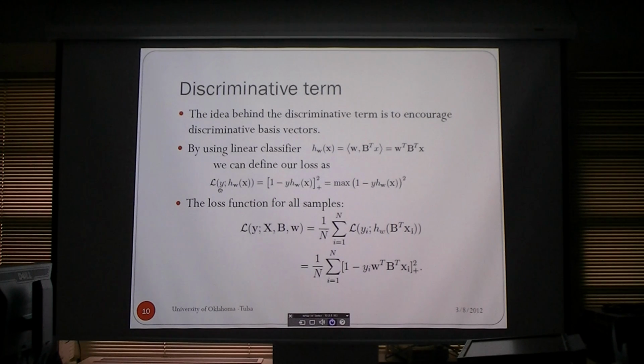To calculate the loss function for all of our samples, we find the likelihood function, which is the summation of the loss function for each input, divided by the number of samples.